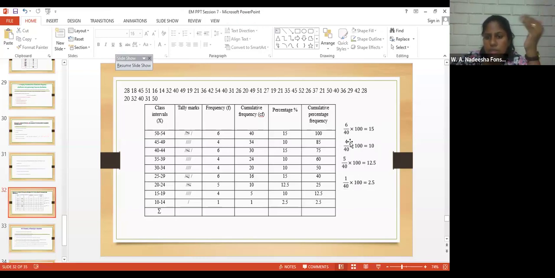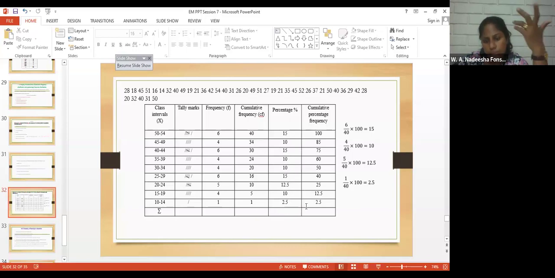Then 4 divided by 40 into 100, 10. Then 5 divided by 40 into 100, 12.5. 1 divided by 40 into 100, 2.5. The percentage is here.